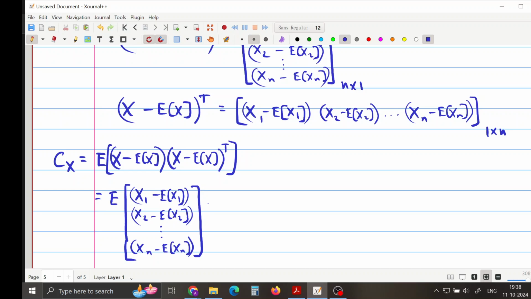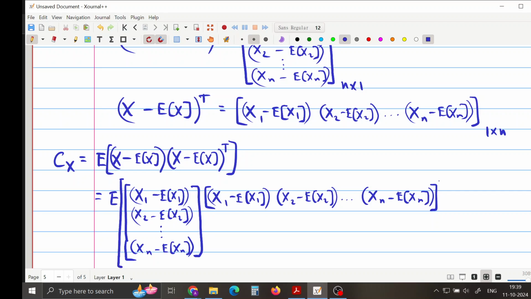This vector, right? And its transpose is simply this.